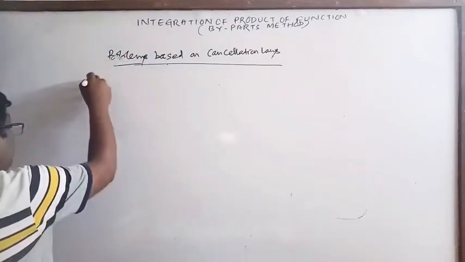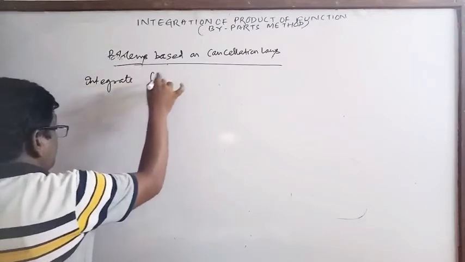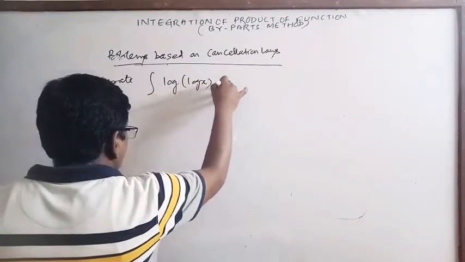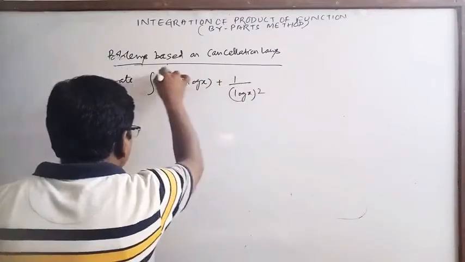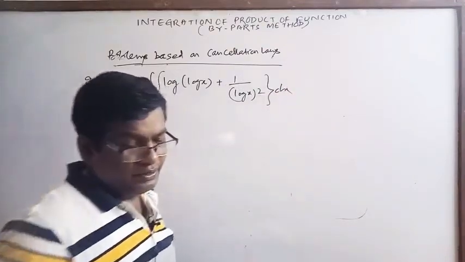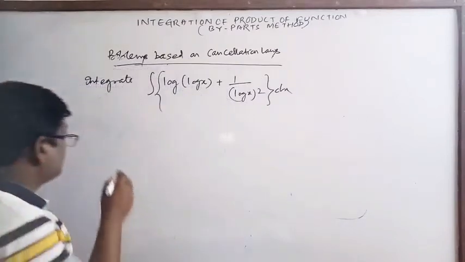Integrate log of (log x plus 1 by (log x) whole square) into dx. This is the question. So what is your solution?